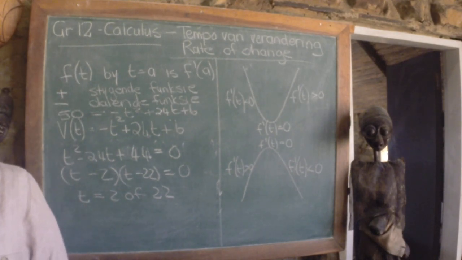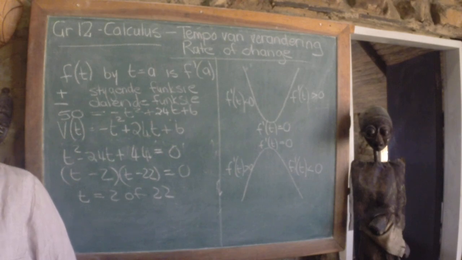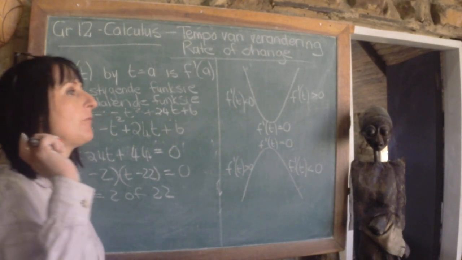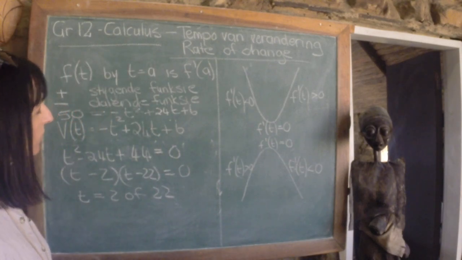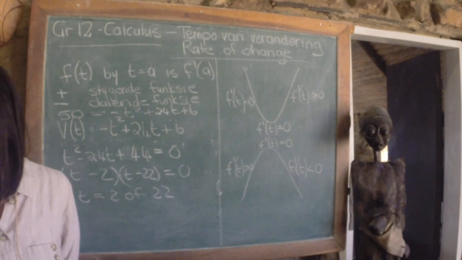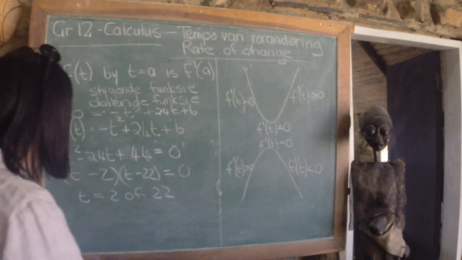Last question: after how many hours will the volume of the water decrease at a rate of 12 liters per hour? As we look at the word rate, and the question in English, after how many hours will the volume of the water decrease at a rate of 12 liters per hour?